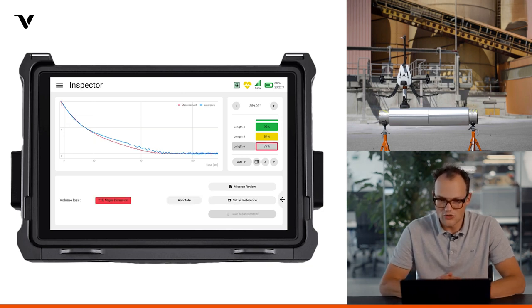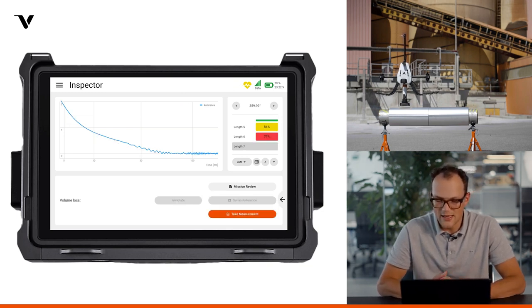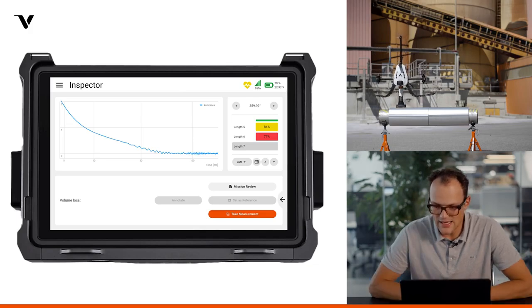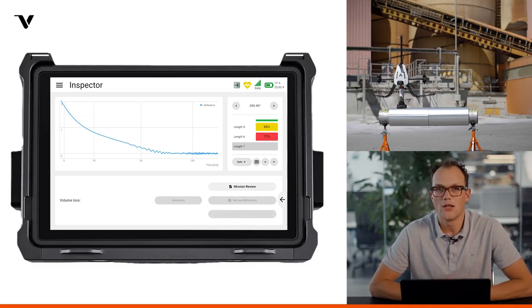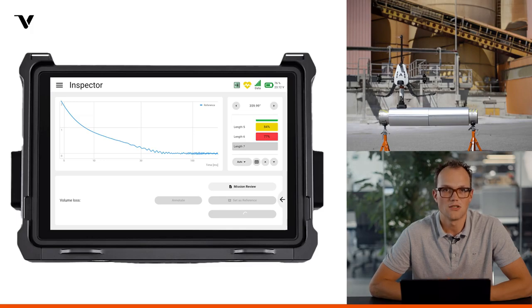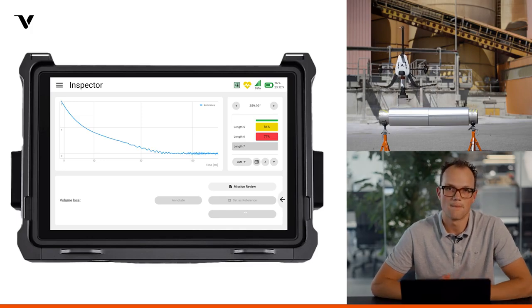Approaching the left side, we should be getting lower values. You can see that here we're receiving now 77%, so minor corrosion, quite a significant volume loss. At those locations, you would usually follow up, remove the insulation, specifically at those locations, and follow up with wall thickness measurements using a conventional UT probe.